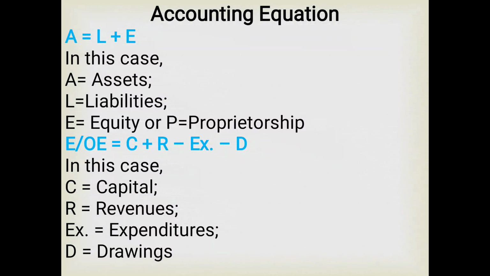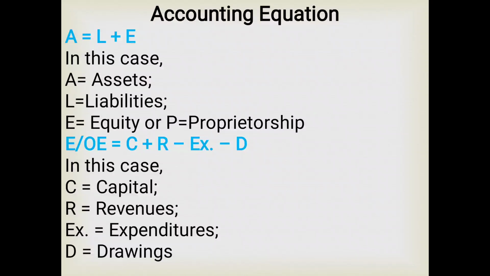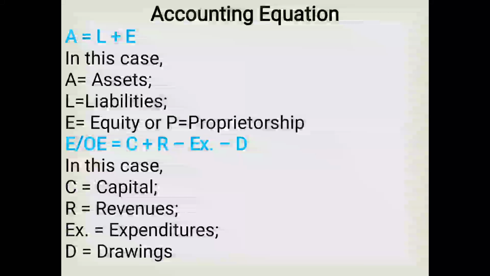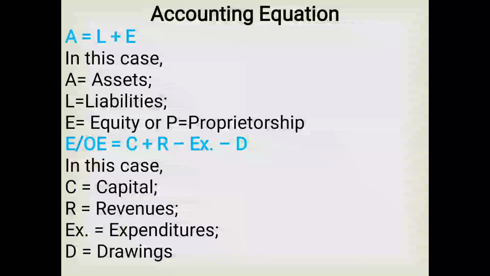You have to listen very carefully to my speech and write in your accounting practice copy. The first one: started business with cash taka 2 lakh. This event is a transaction.